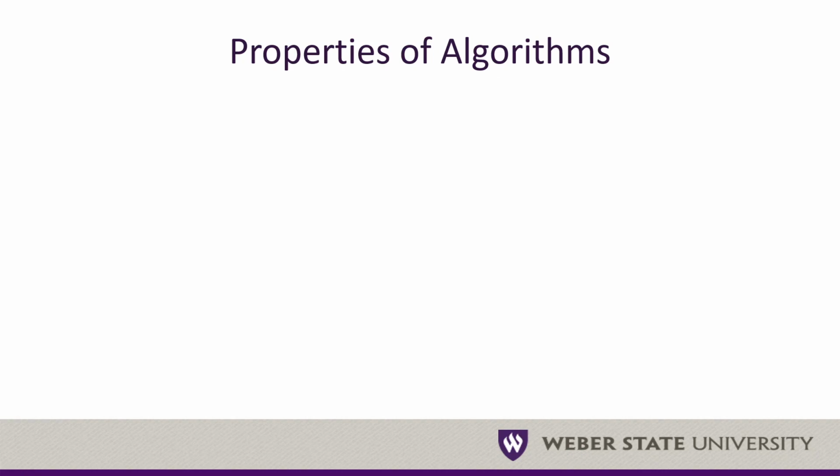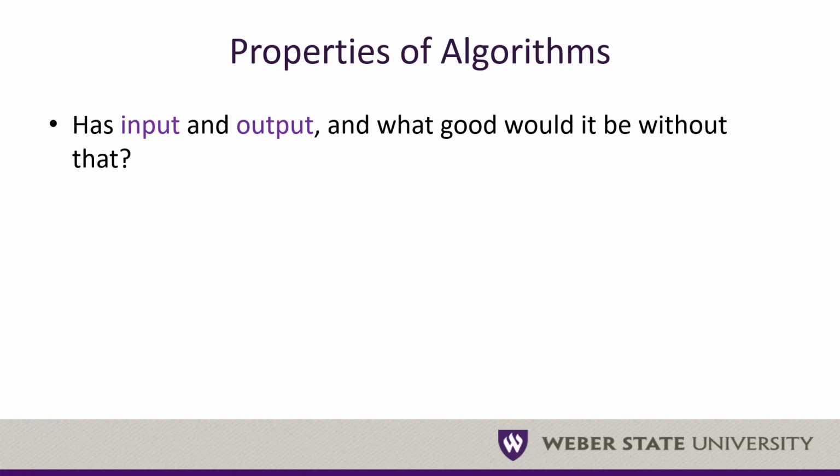Algorithms have some properties. The first one is that our algorithm needs to have an input and output. Now, just like computers, what are the main components of a computer? I'll get you a leg up on your 2810. What are the main things you have in a computer? Four components.